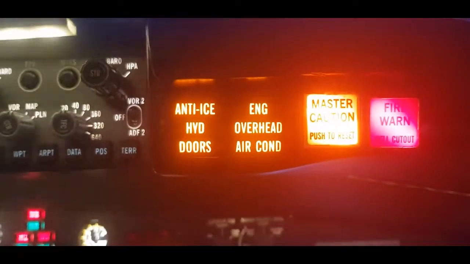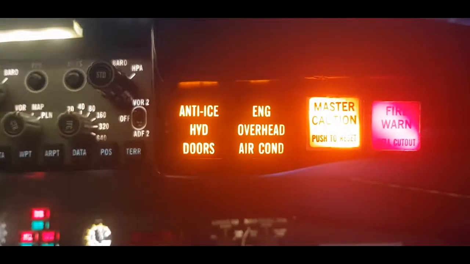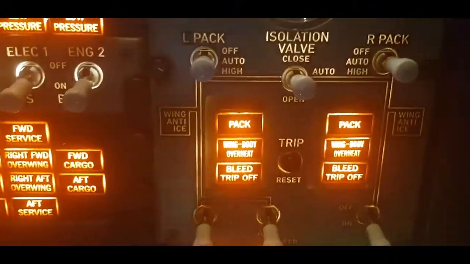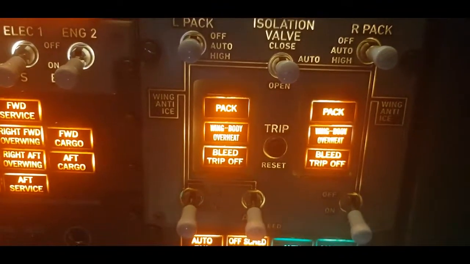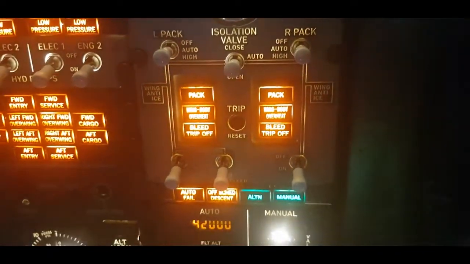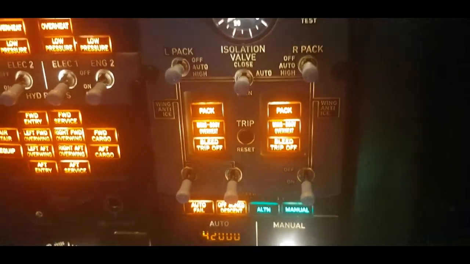When the bleed trip off light illuminates here in the panel, we can see it here, the related engine bleed air valve closes. Okay, after the bleed air is cool, press the trip reset switch.